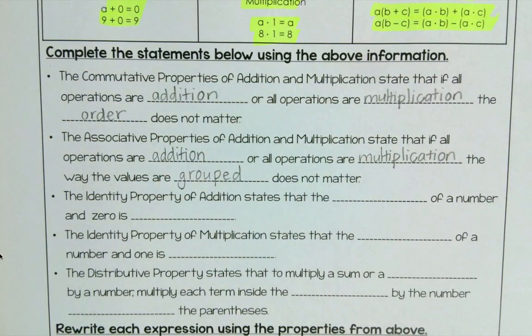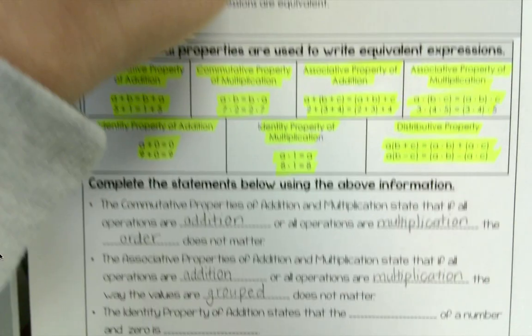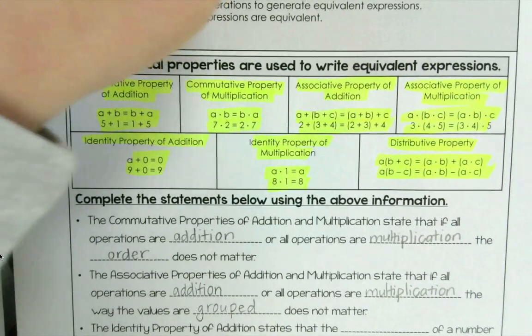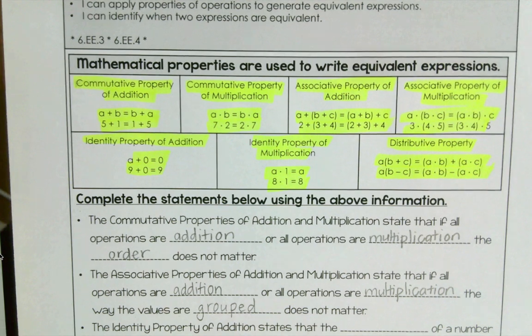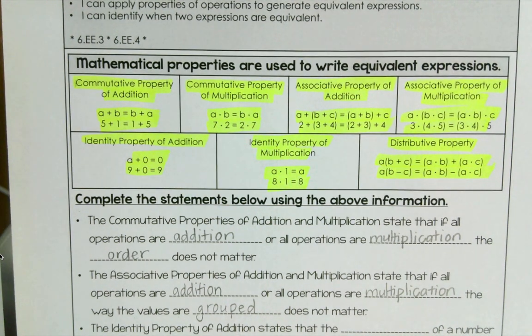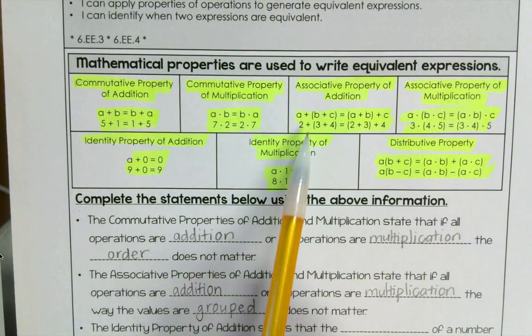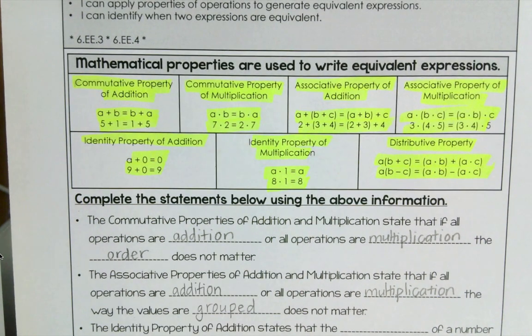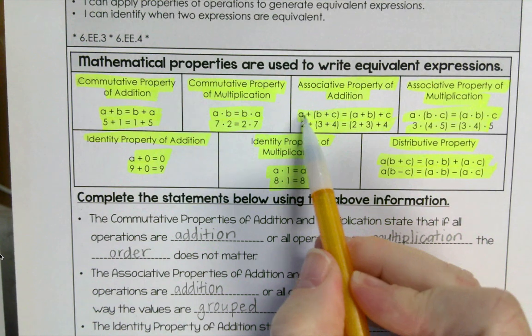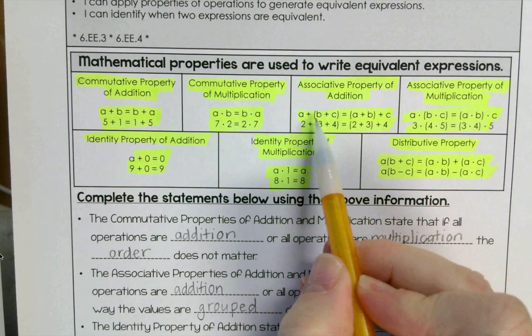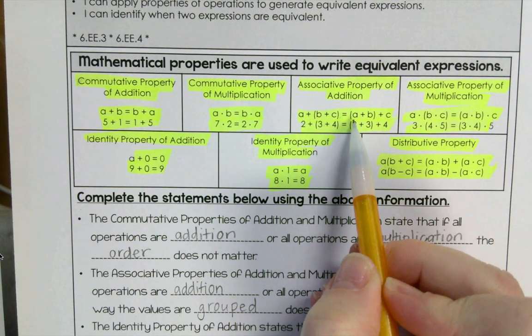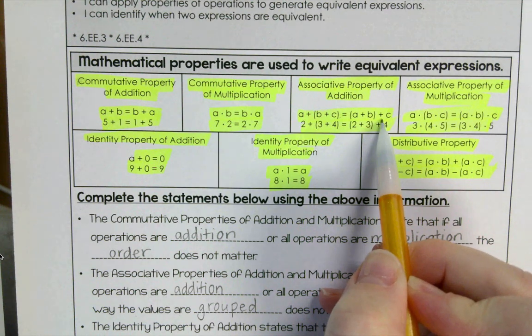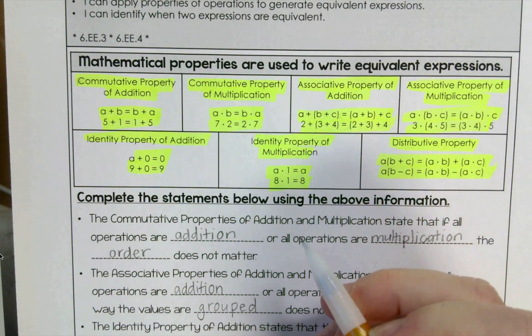So what do I mean by that? Go back up here and look. Grouping is parentheses. We've talked about that. As you see, it has A plus B plus C with parentheses around B and C, and then A plus B plus C again, with parentheses around A and B.